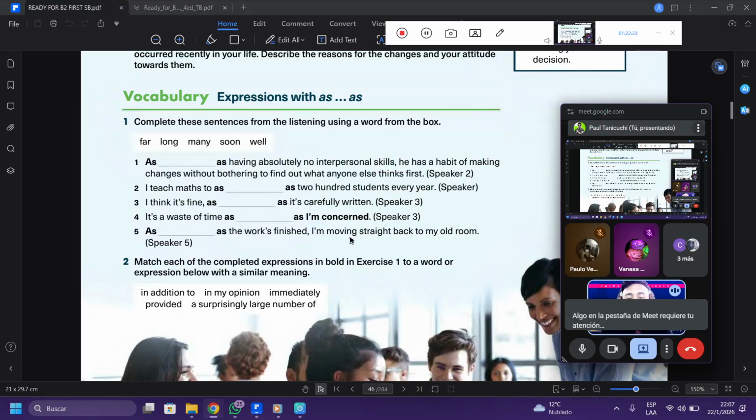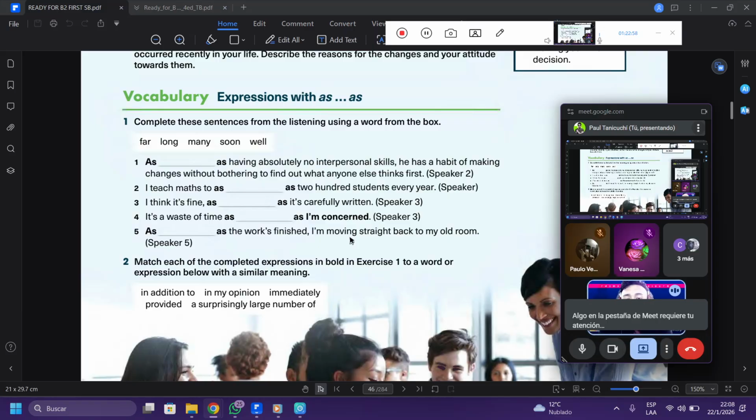That is the meaning of as well as, in addition to. Which one of these expressions means in my opinion? As far as I am concerned means in my opinion.